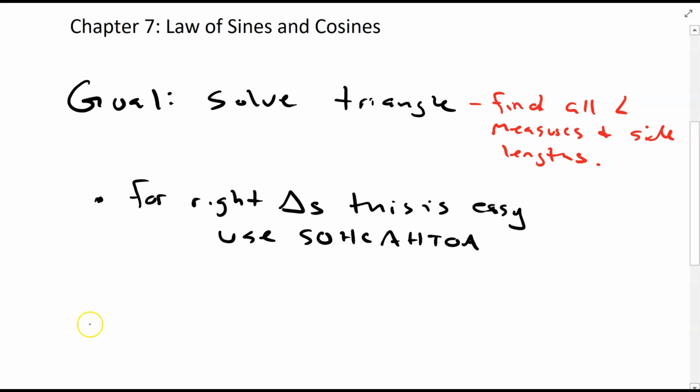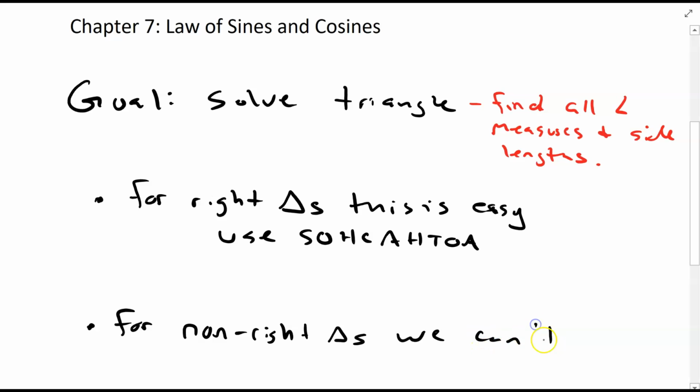For non-right triangles, though, we can't use SOHCAHTOA.